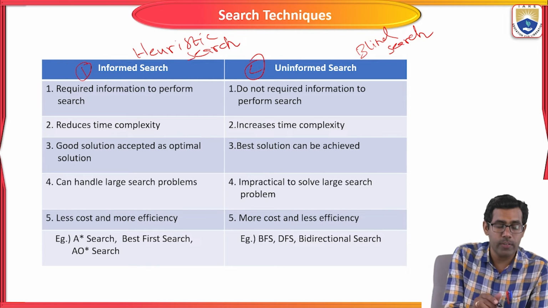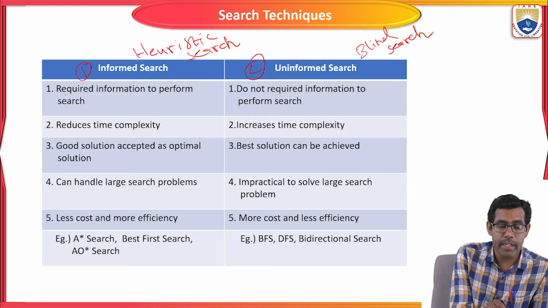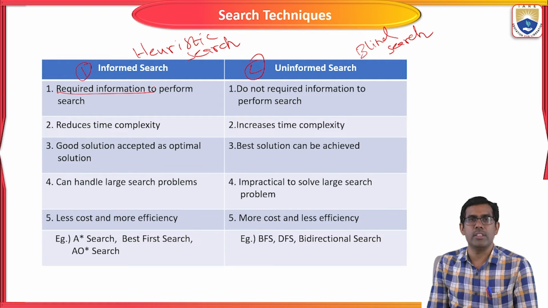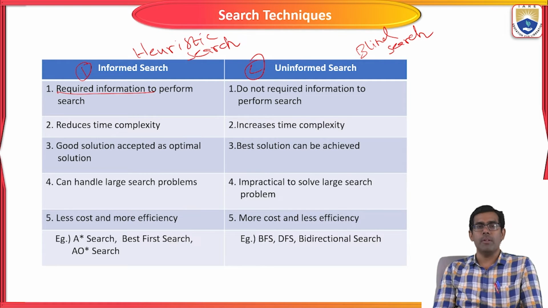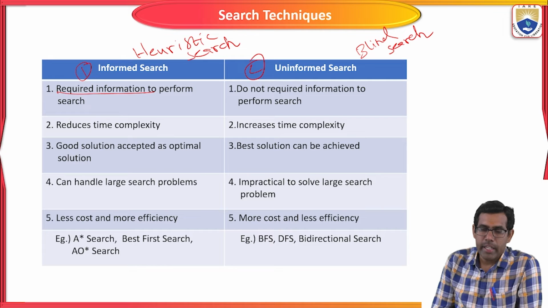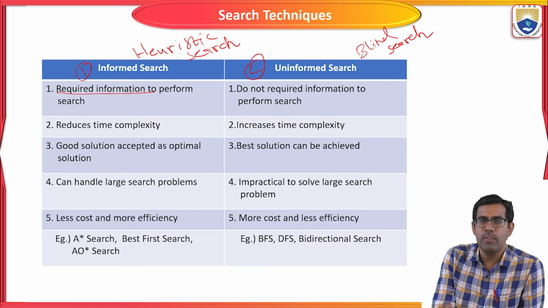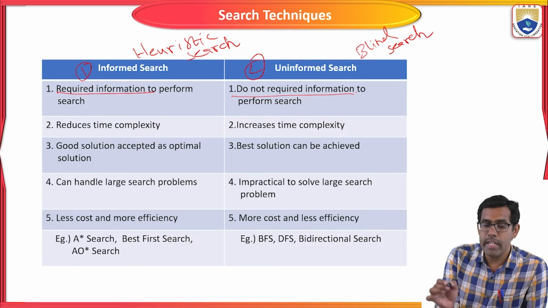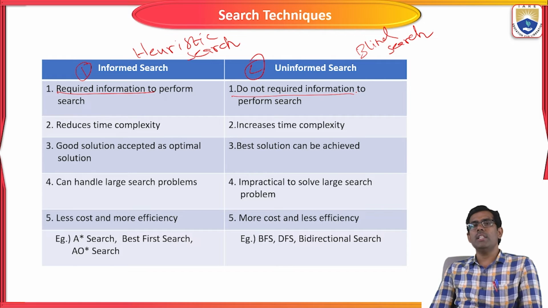The first point: informed search requires information to perform the search. We need some information, some data, to search a problem statement and to define exactly what the problem is. Now uninformed search does not require any information to perform the search operation.